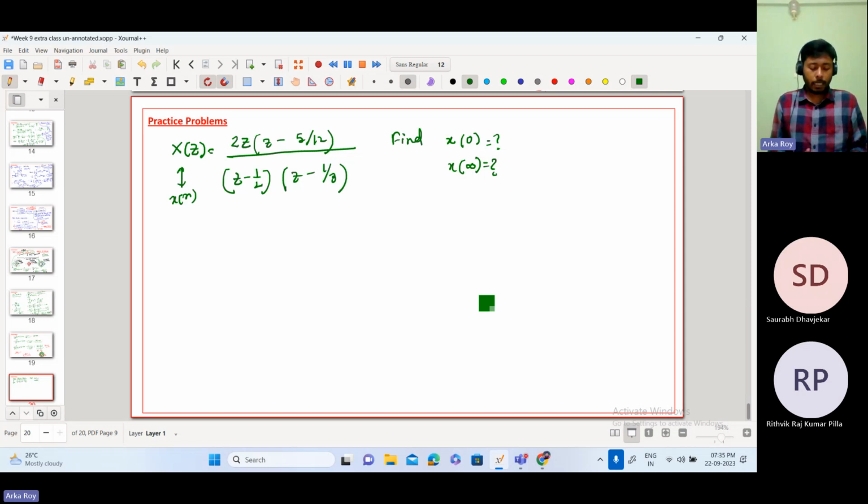Just give me a brief idea. Given a Z transform, if you've been told to find the sample values at 0 and at infinite, how to proceed?